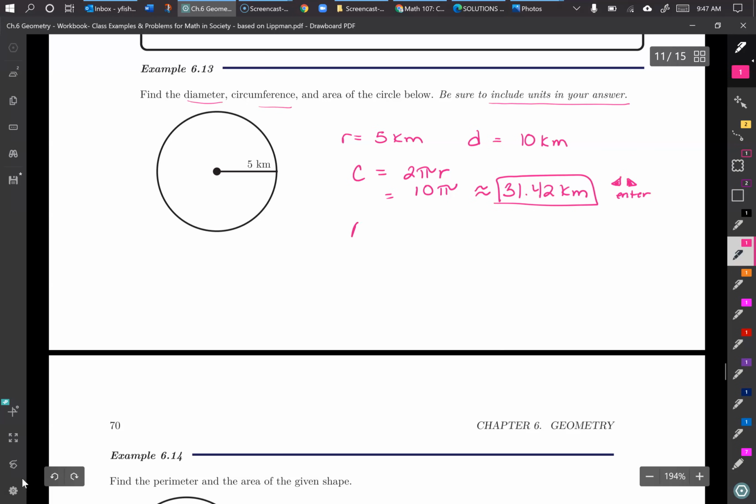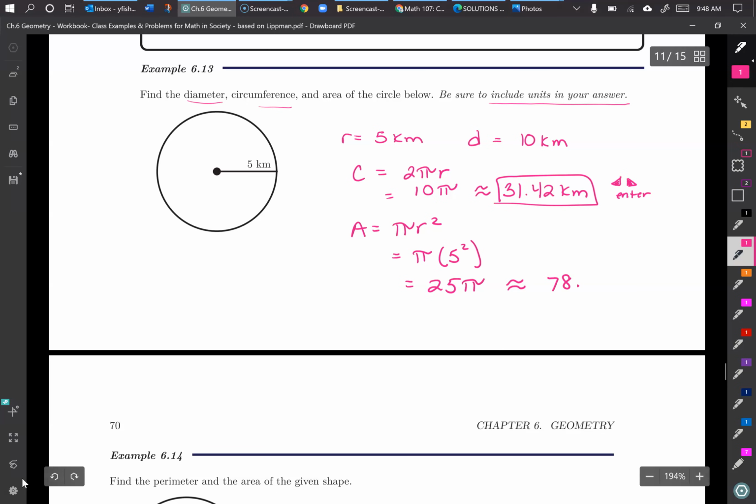And for area, it's pi r squared. So that's going to be equal to pi times 5 squared, 25 pi. That's our exact answer, but we're going to put it into decimal form. So you might need to hit that toggle switch, go 25 times the pi key on your calculator, and then we'll write that.